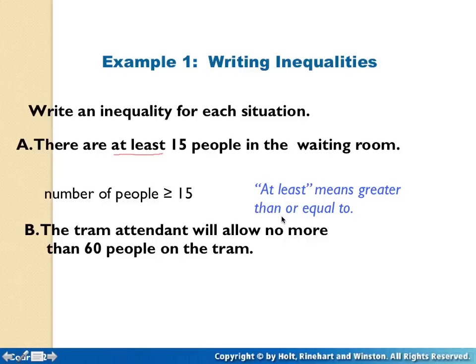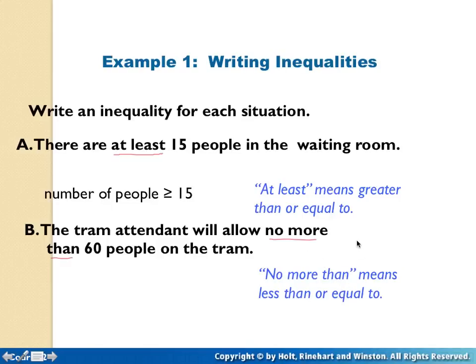All right, let's look at B. The tram attendant will allow no more than 60 people on the tram. No more than 60 people. No more than is going to be our hint word. And you kind of have to think about this. No more than means less than or equal to.